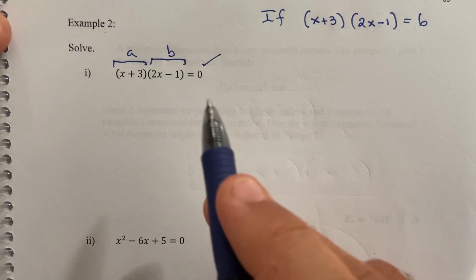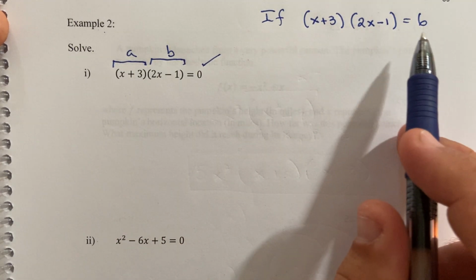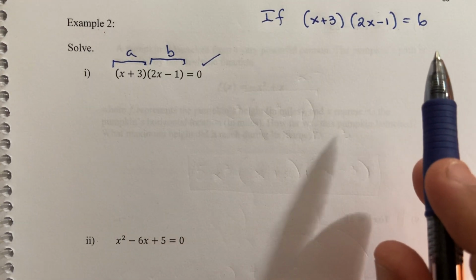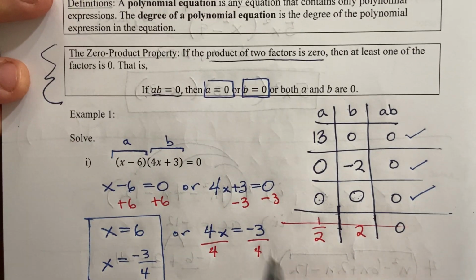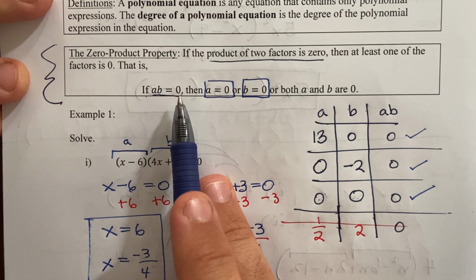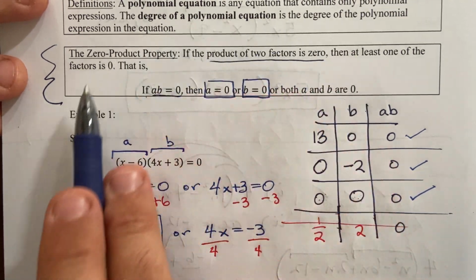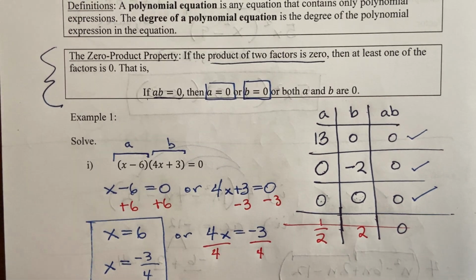It's the 0 product property. It's not the 6 product property. Okay, so we can only use this property. It's only true if your product is equal to 0. If it's equal to any number besides 0, then this property has nothing to say about it.